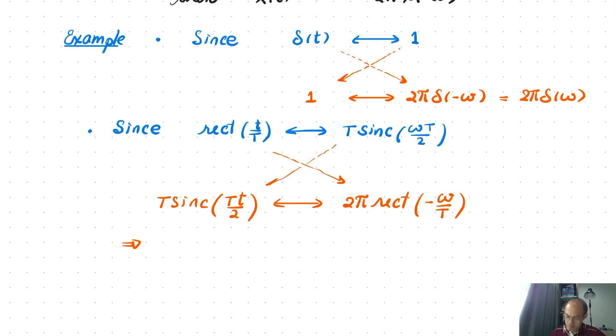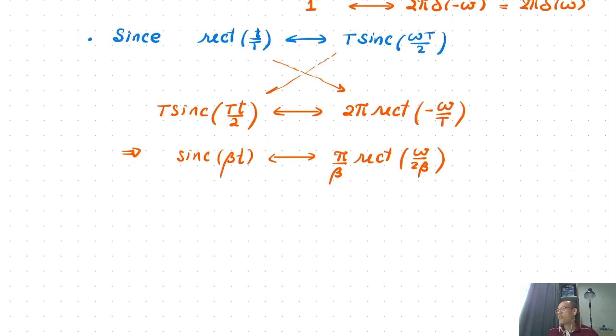This will mean that the sinc function of beta t, by changing variable, has a Fourier transform pair of pi over beta rect of omega over 2 beta here.